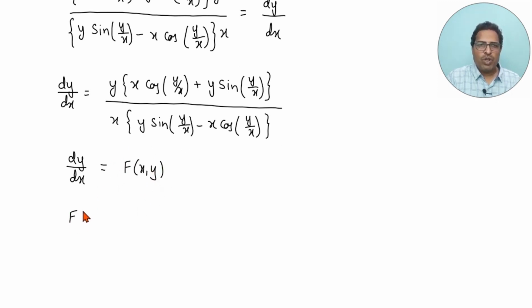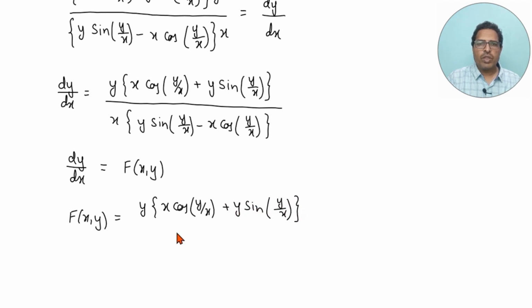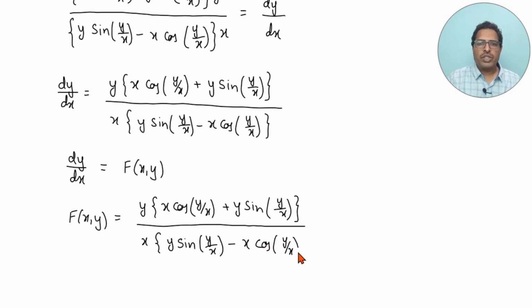So therefore, f of x comma y equals y times the entire numerator value, whole divided by the denominator, x times y sin(y/x) - x cos(y/x).